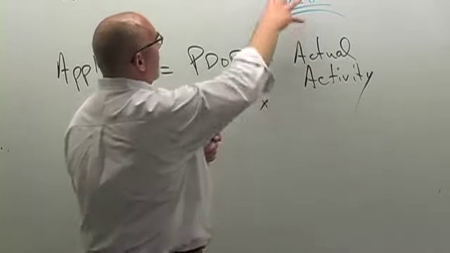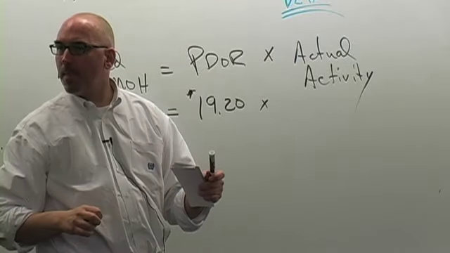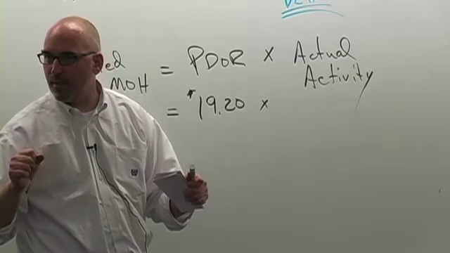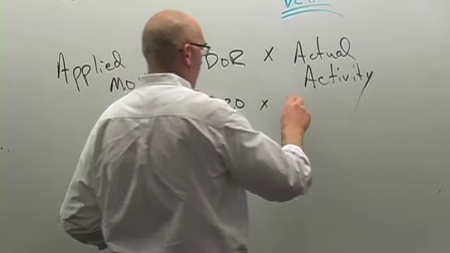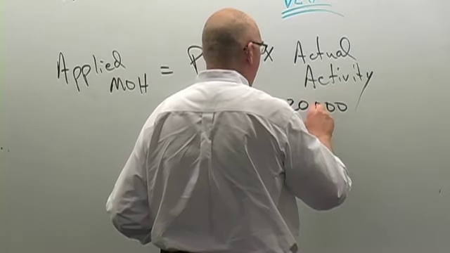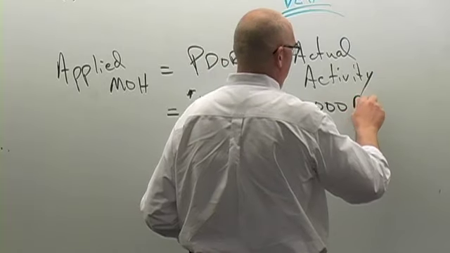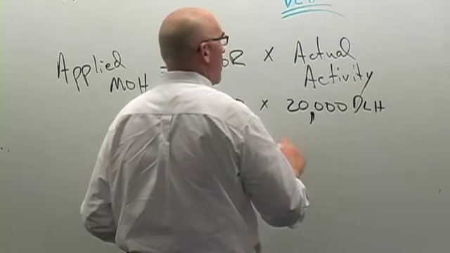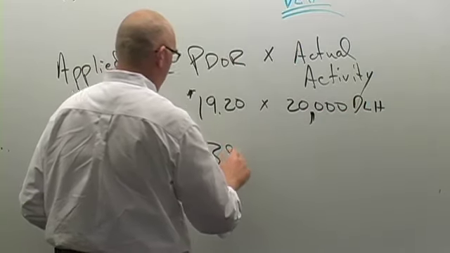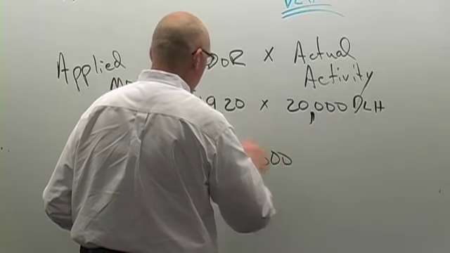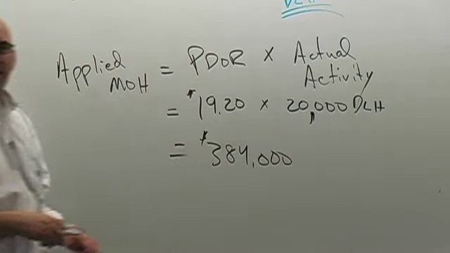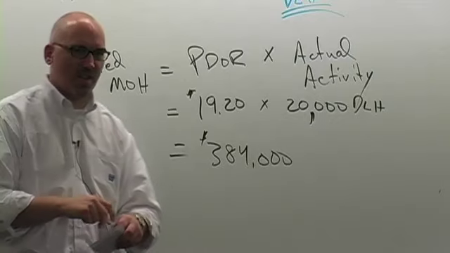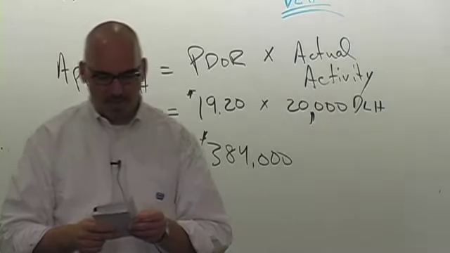Because the activity needs to be the same. And what's our actual direct labor hours? 20,000. I need math. Actual direct labor hours. How much? $384,000. Okay, just checking. We need to make sure we're clear on that.